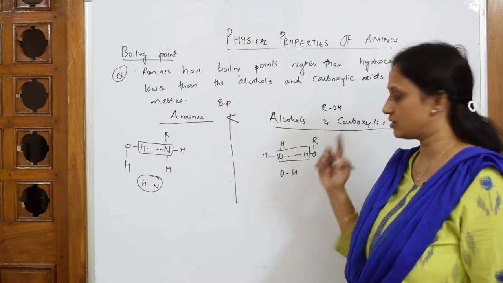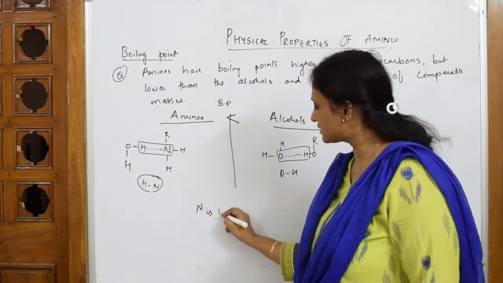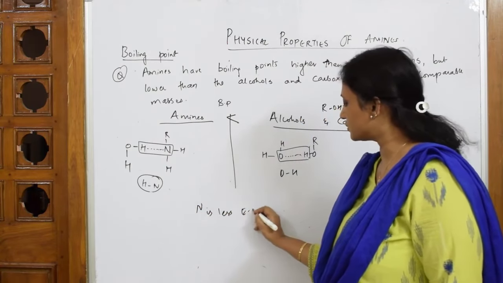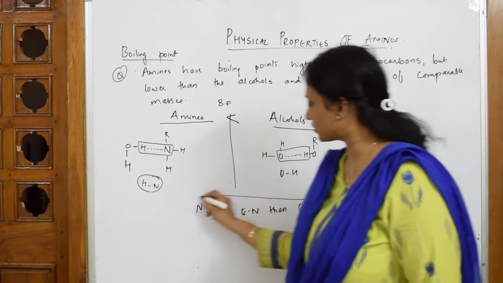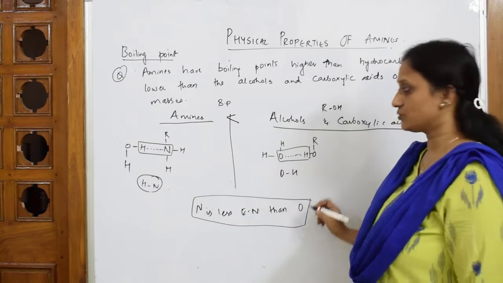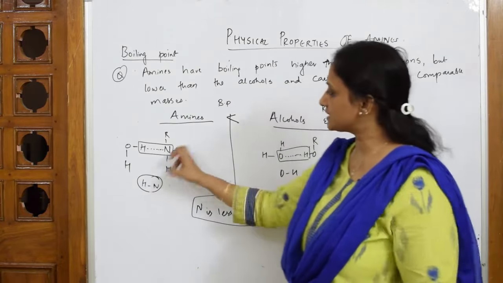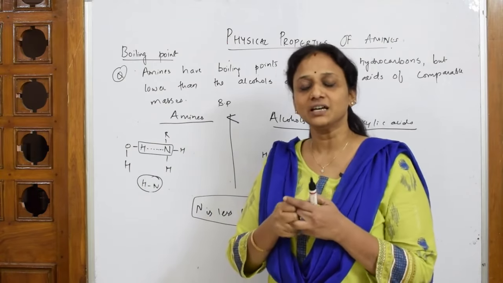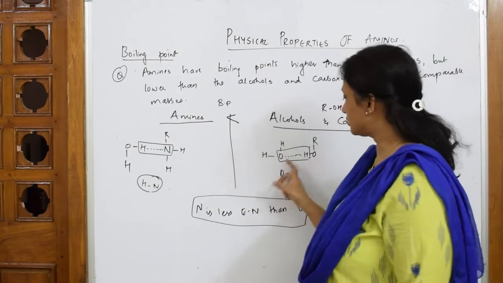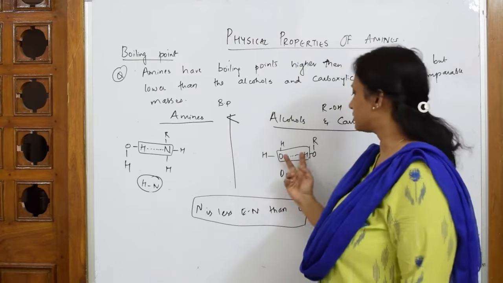Here it is oxygen and hydrogen. Now which is more electronegative? Nitrogen is less electronegative than oxygen. First important point. When it is less electronegative, tell me, are the bonds strong or weak? If it is less electronegative, the pulling capacity is less, and the bond formation is also weak. If it is highly electronegative like oxygen, it pulls strongly, and a strong bond is formed between these two.